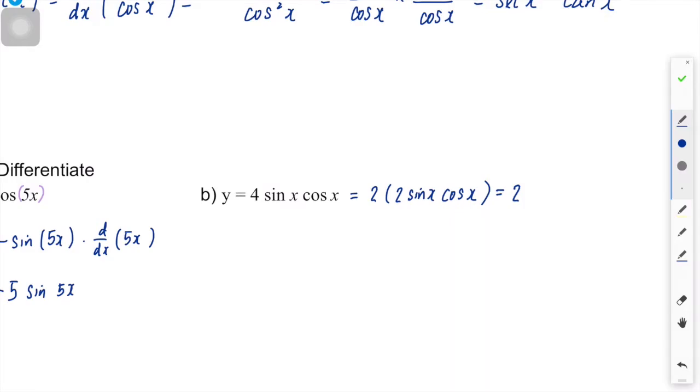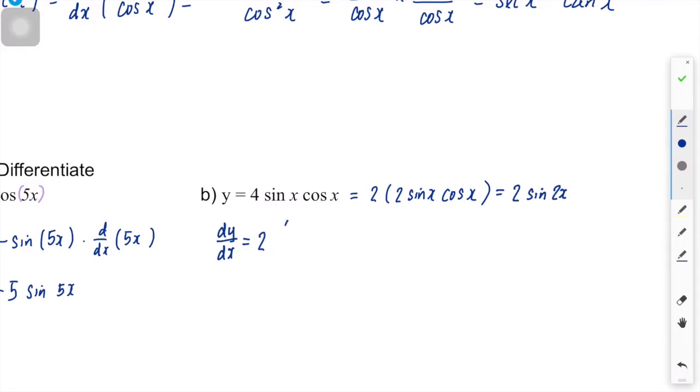So now, because it's 4 times sine x cos x, we got to break up that 4 as a factor of 2. And now we have 2 sine 2x. This way, we can avoid the use of product rule to make our solution much longer. Okay, so this is more efficient. So let's take the derivative of that. So dy by dx, I can keep 2 on the outside because it's just a multiplier.